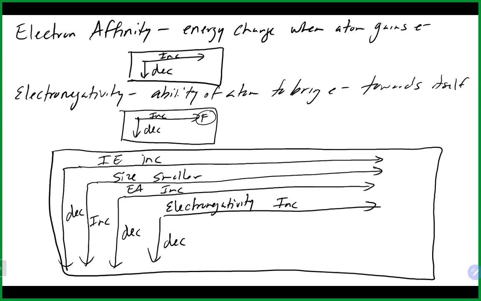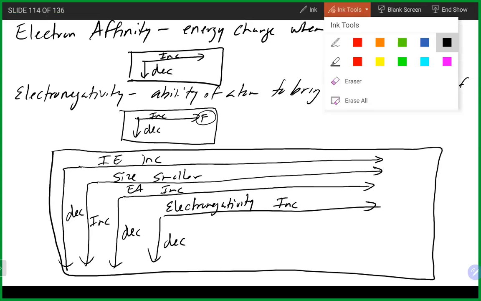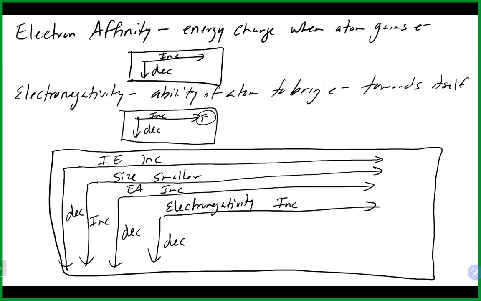What all these trends have in common, when you look at the periodic table in the upper right, is that is where we have our nonmetals. And on the upper right of the periodic table, you have things that are very small, which means to start out with, their electrons are super close to the nucleus.